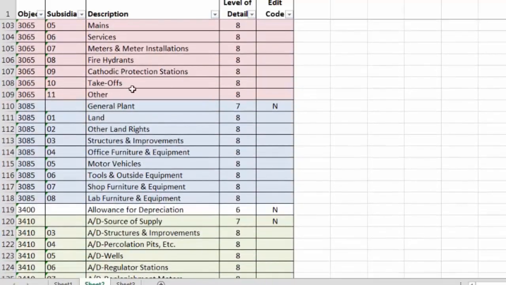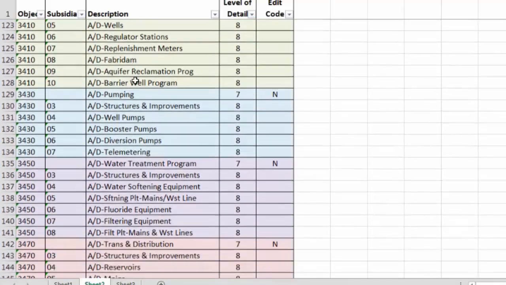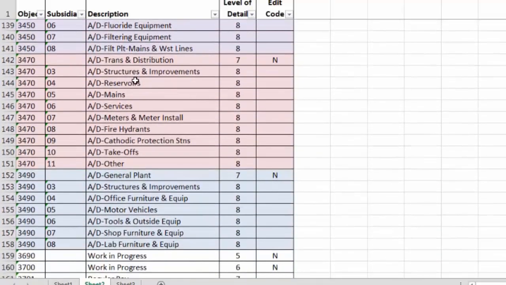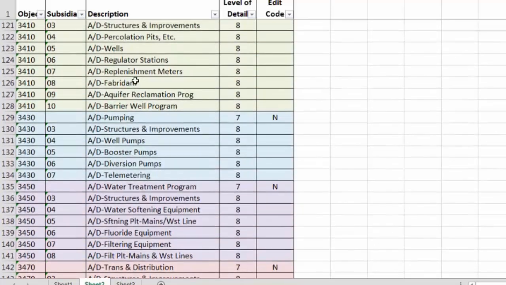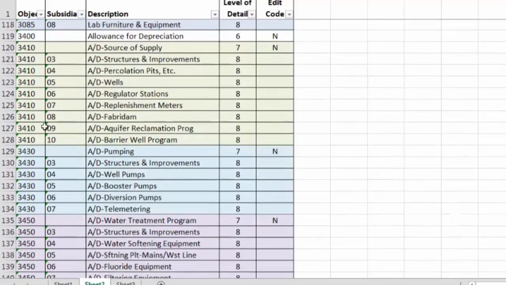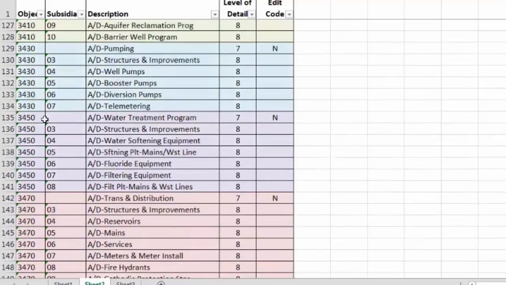So we don't have a section in here in our fixed assets for customer service or in the accumulated depreciation. But you will notice again that these are in the same order for the accumulated depreciation. And they all begin with 34, 3410, 3430, etc.